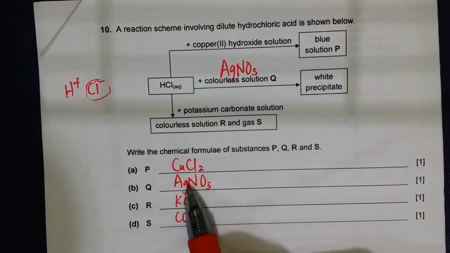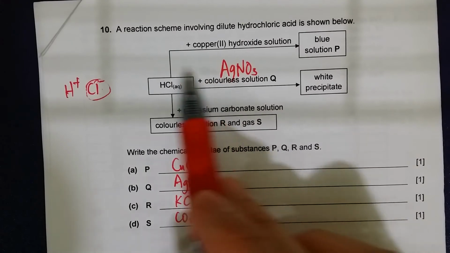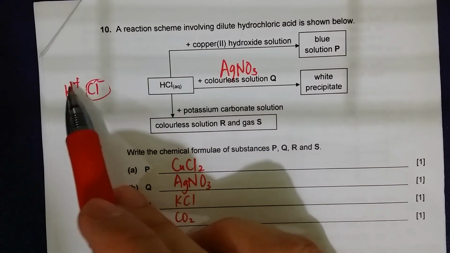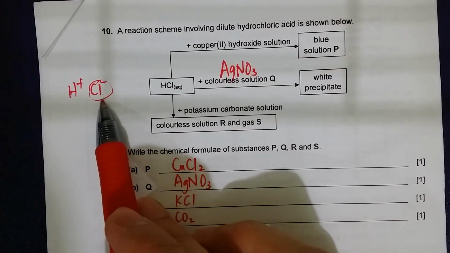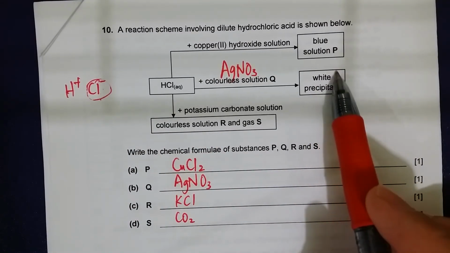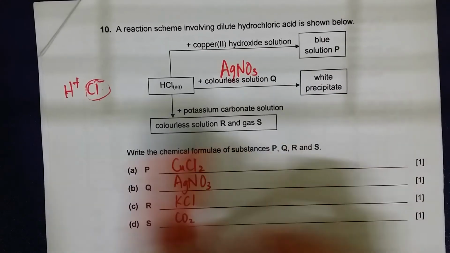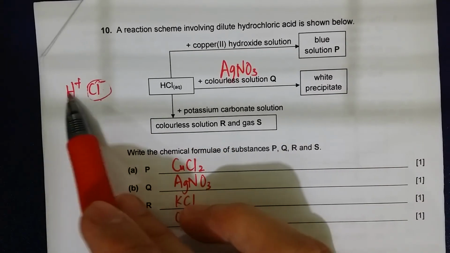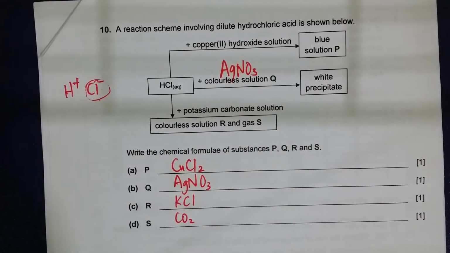Okay, now go back to this Q. HCl, you know that it has hydrogen ion, it has chloride ion. You get a white ppt, so this white ppt must have one of these.